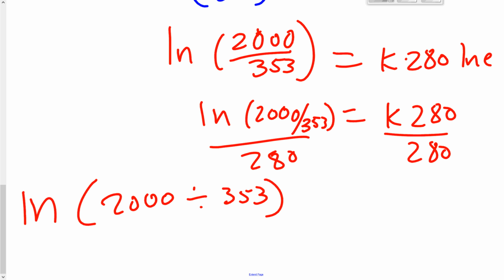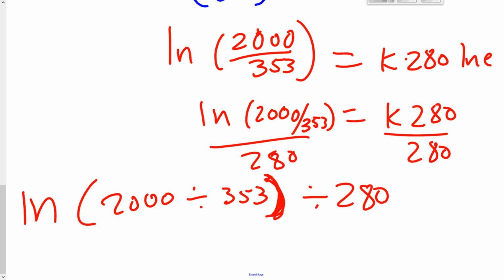You could hit enter here and then divide by 280, or you can close that parenthesis and then hit divided by 280. If you don't close the parenthesis, it will probably take 2,000 divided by 353, then take that answer and divide it by 280, and then take the ln of that. So that's why this parenthesis matters.